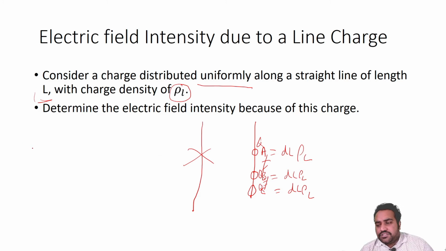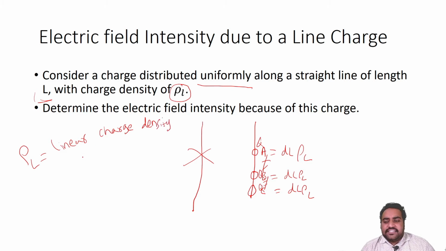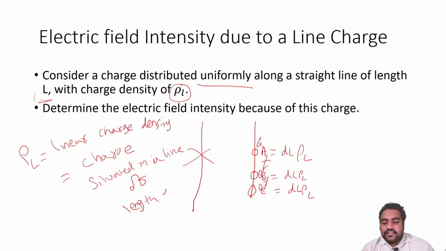Where I should also tell you rho L is called linear charge density. The meaning of linear charge density is the charge situated in a line of length 1, or I can also say unit length.